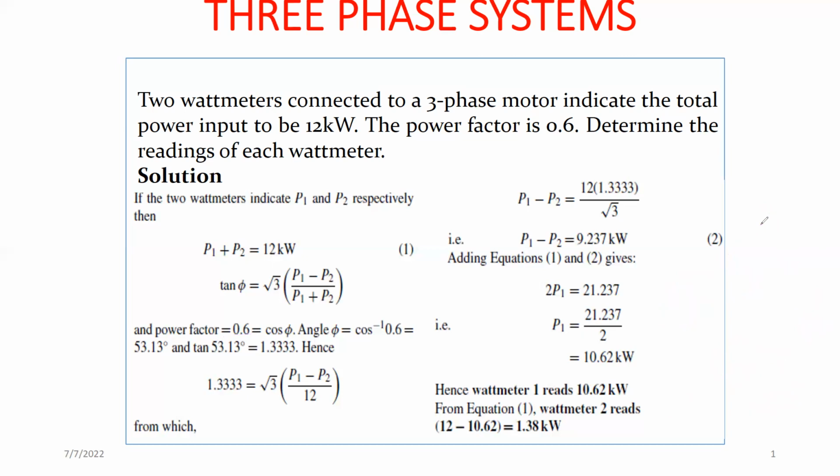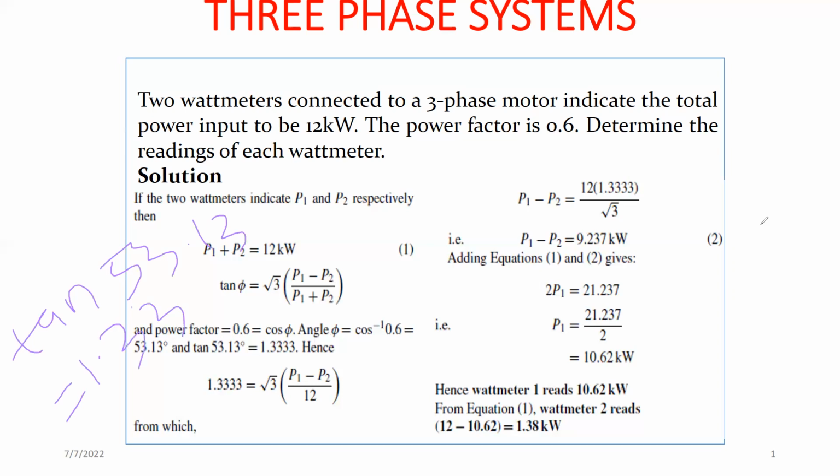So replacing our phi in our equation of tan phi, it gives you tan 53.13, which is 1.33, a recurring number.